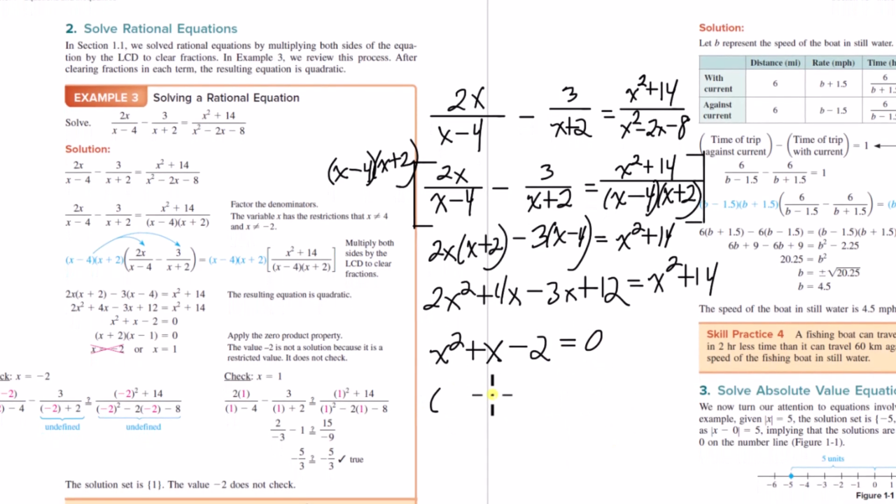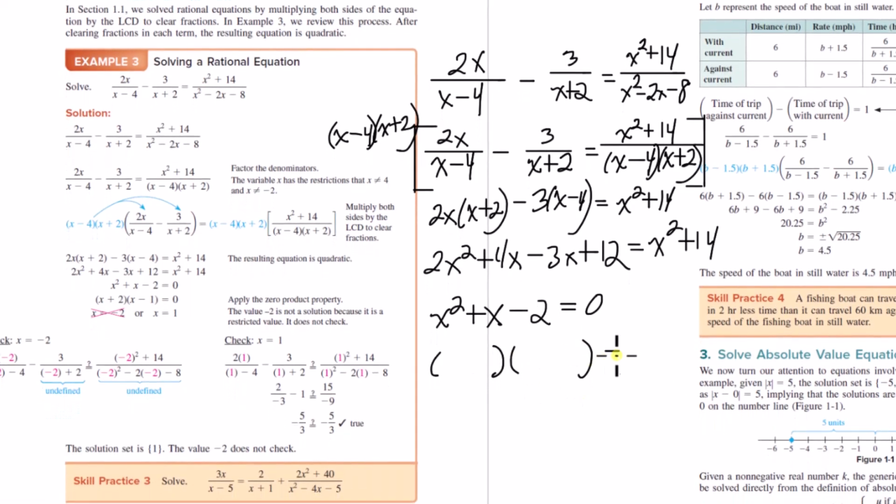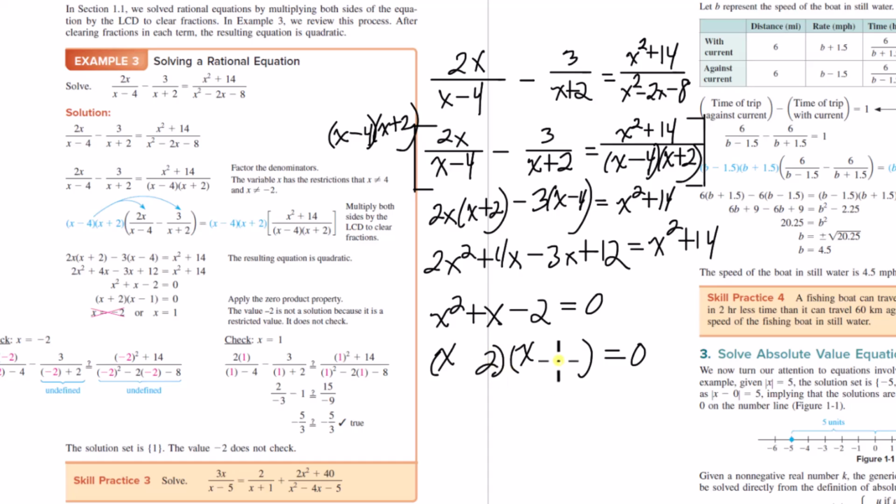Okay, so now we've got x plus 2 and x minus 1. So x is equal to minus 2 and x is equal to 1, but with rational equations, we need to check the solutions. Minus 2 is not a solution because we're going to be dividing by 0. With 1, there's no dividing by 0, so 1 is the only solution here.